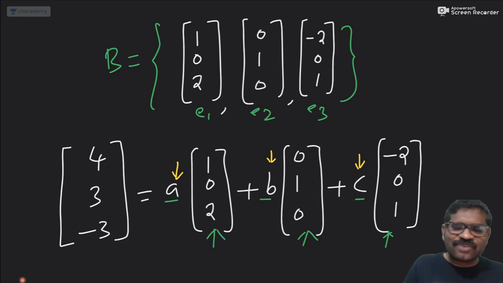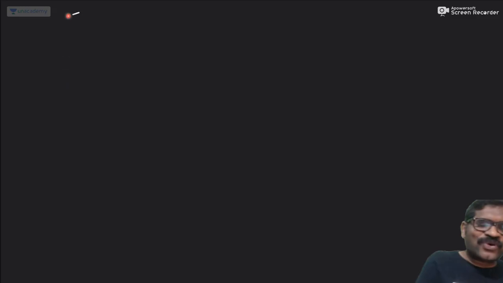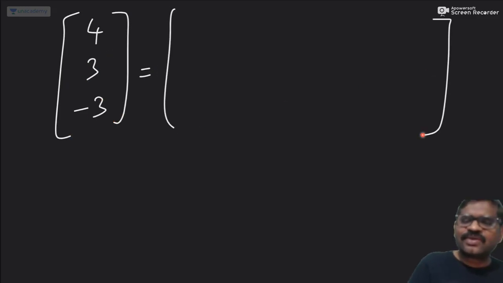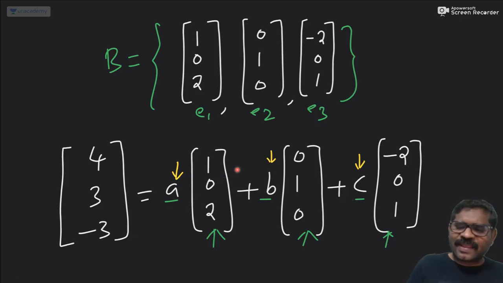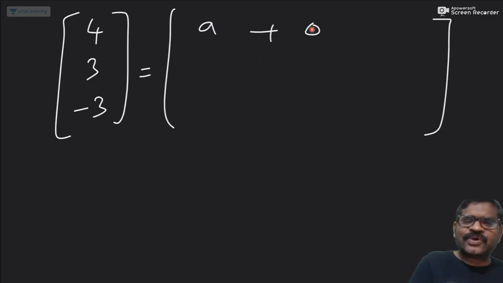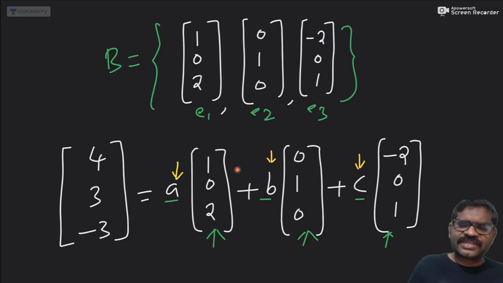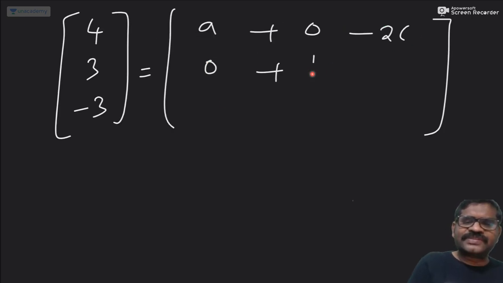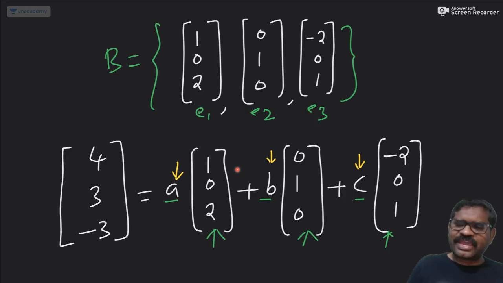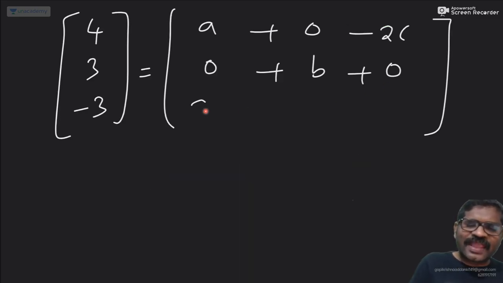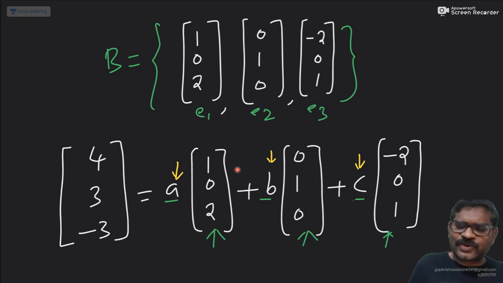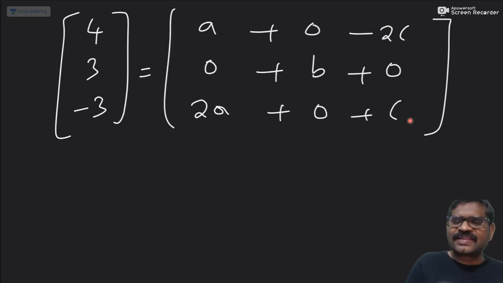What is LHS? 4, 3, minus 3. 4, 3, minus 3 equal to, what is RHS? A plus 0 plus minus 2C. Next, 0 plus B plus 0. Okay, next, 2A plus 0 plus C. Understood?